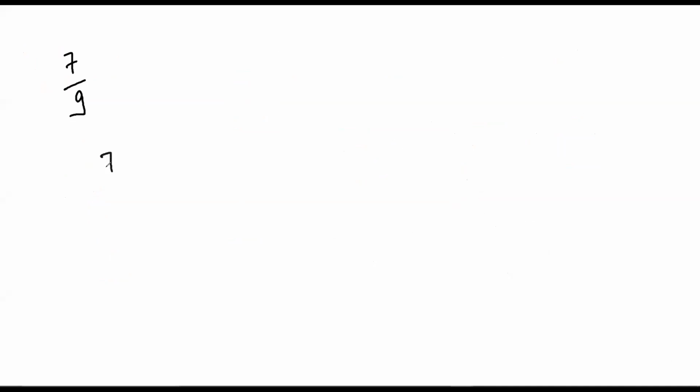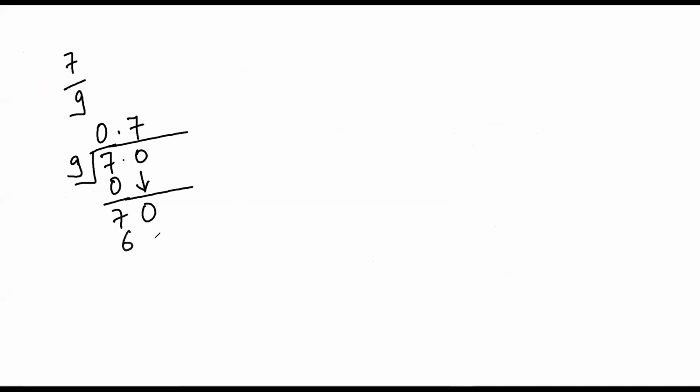So when I do decimal division, 0 decimal, 0, 9 7s are 63. So this will keep repeating. So no point in going forward.